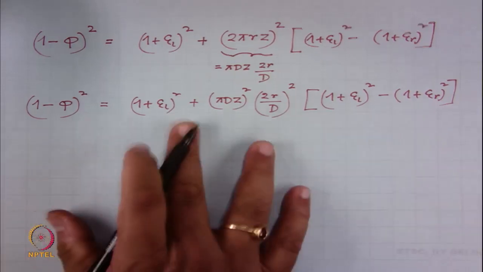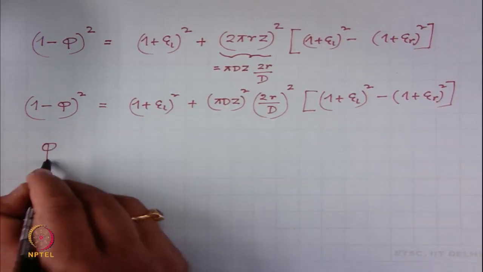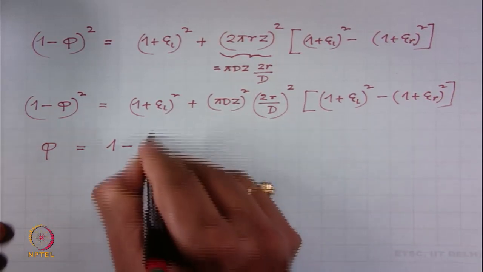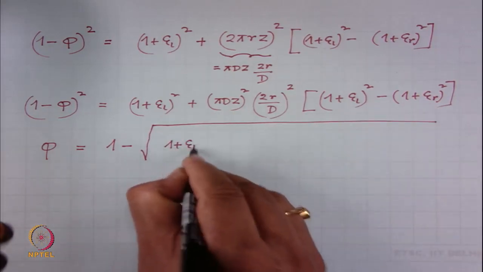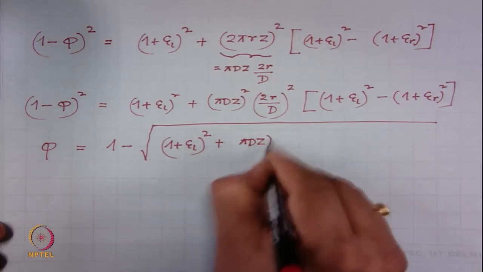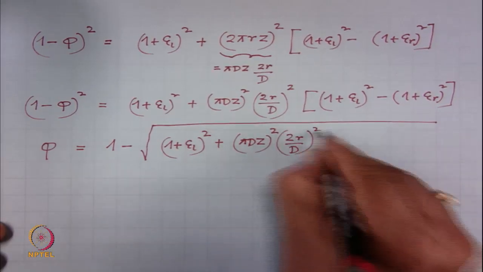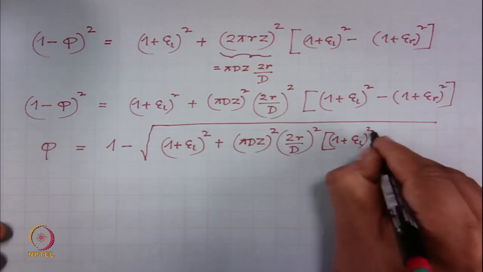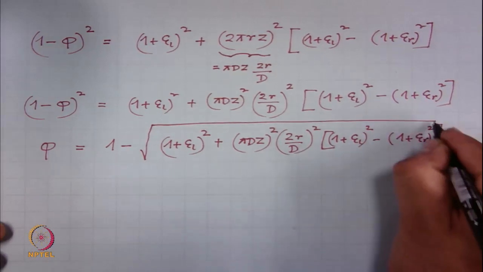If we take the square root and put phi at one side, so we will obtain phi is equal to 1 minus 1 plus epsilon r square plus pi d z square into 2 r pi d squared 1 plus d squared minus square.